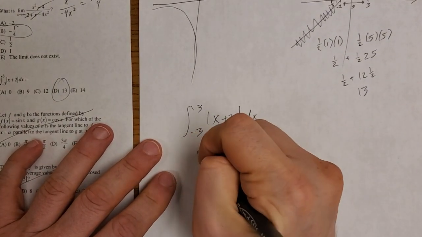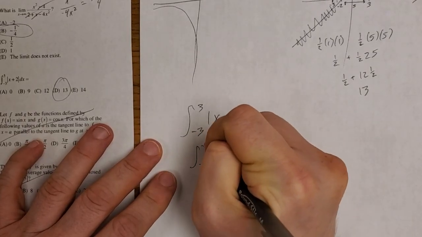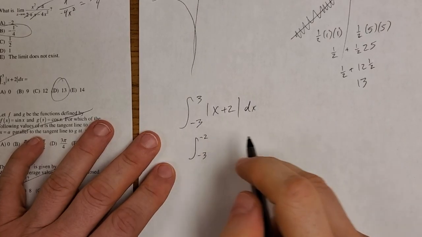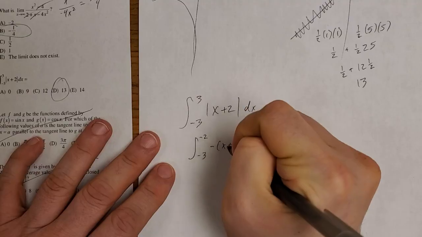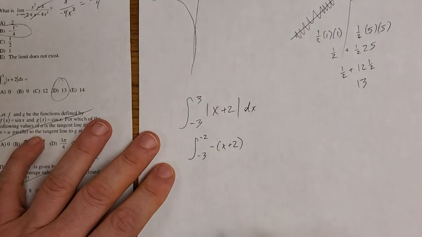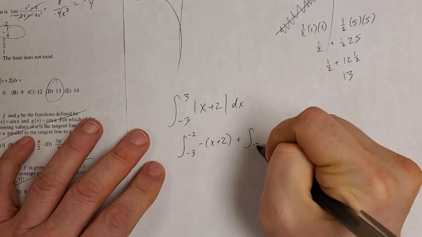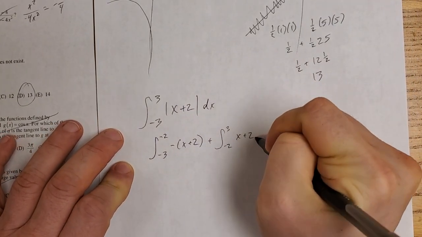So we would have to break it up, going from negative 3 to negative 2 for the portion of it that's flipped up, and then add that to negative 2 to 3 of the original version of that.